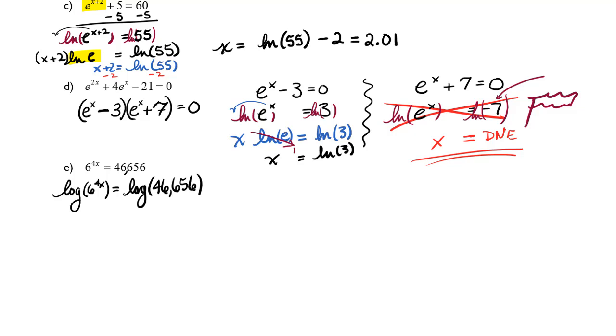I'm going to bring the 4x down front. So that gives me 4x log of 6 equals log of 46,656. Then I'm going to divide both sides by log of 6.